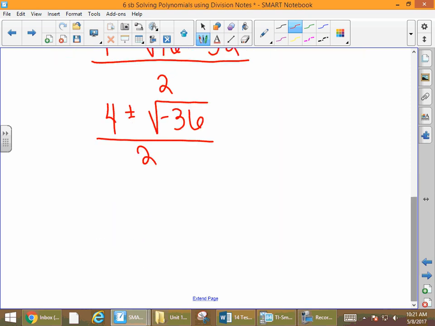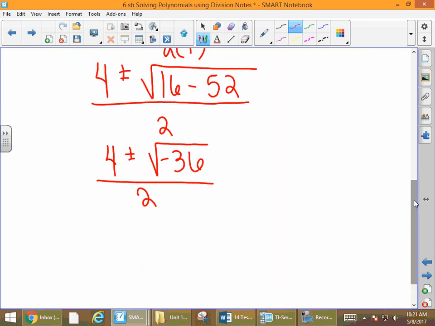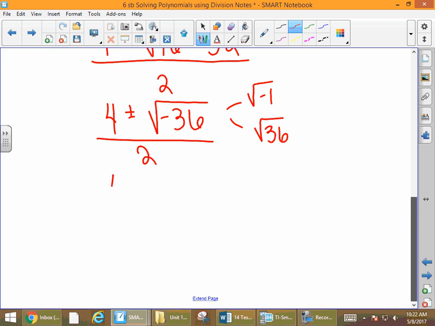Divided by 2. We need to simplify the square root of negative 36, I should say. What's the square root of negative 1? i. What's the square root of 36? 6. So when we simplify this, it's going to be 4 plus or minus 6i divided by 2.